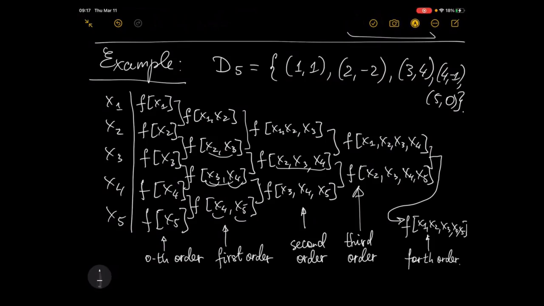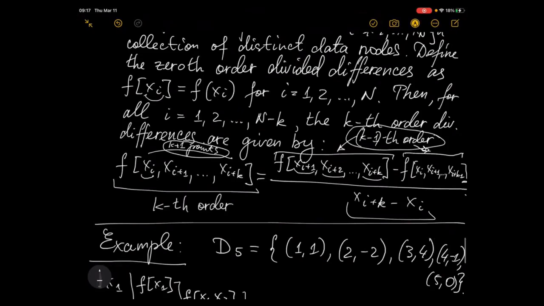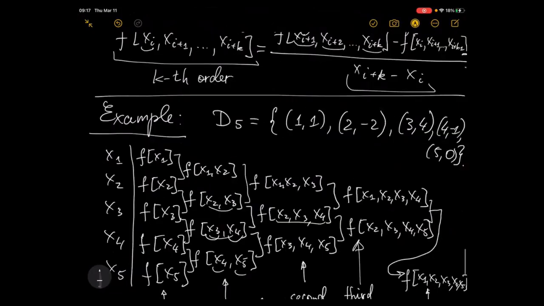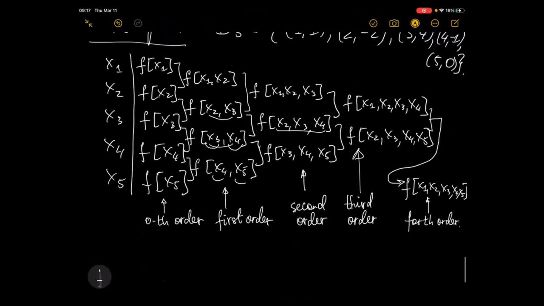We cannot go further because we don't have enough points, and you see the number of elements is decreasing with the order. If we have 5 points, 5 minus 4 gives just one coefficient, this one, and I cannot go further. Okay, we will compute these coefficients in the next lecture.